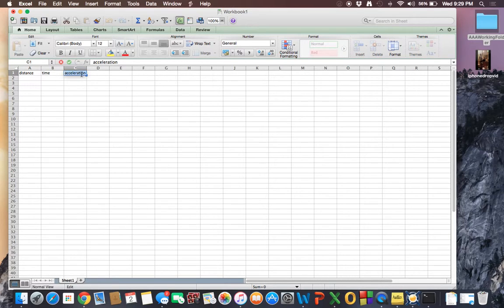Also, what I would recommend doing is in acceleration, make sure to include a note that says what formula you used for that. So acceleration is equal to what we said, 2 times the distance divided by the square of time. And your parentheses will hopefully take care of that nicely there. So now we're going to go ahead and plot the distance.